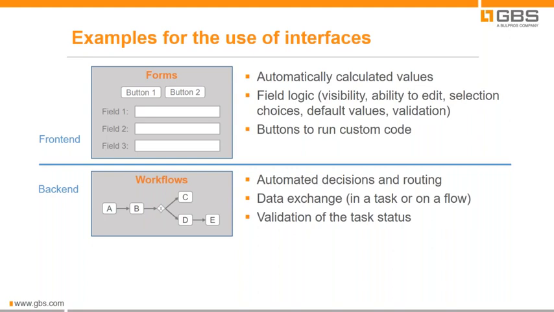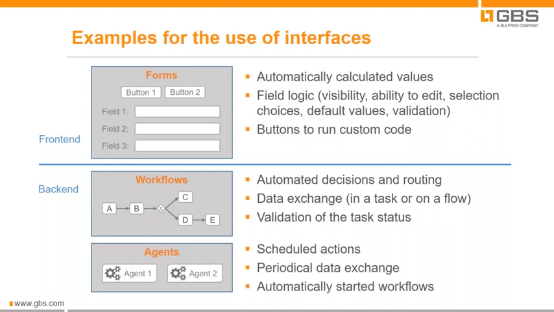Or on a flow, you could say only if I move from B to C, I want to hand over values to SAP, for example. But if I move from B to D, then I don't want to do this. So this kind of data exchange can be done. And again, you can validate if the workflow is in a state that can be routed to the next step, or there's still some work left on it.